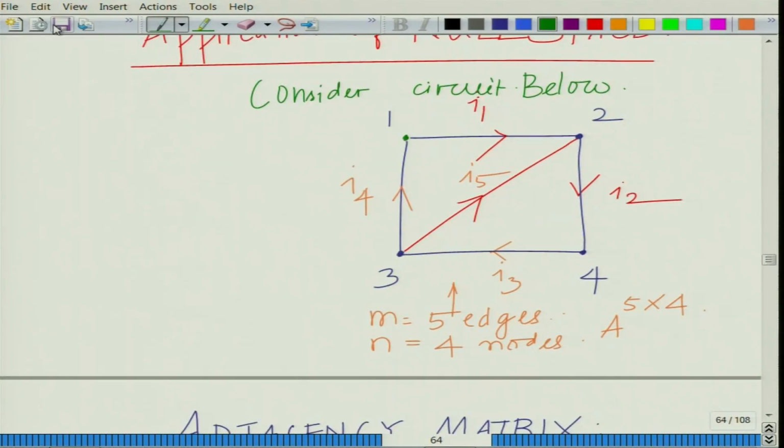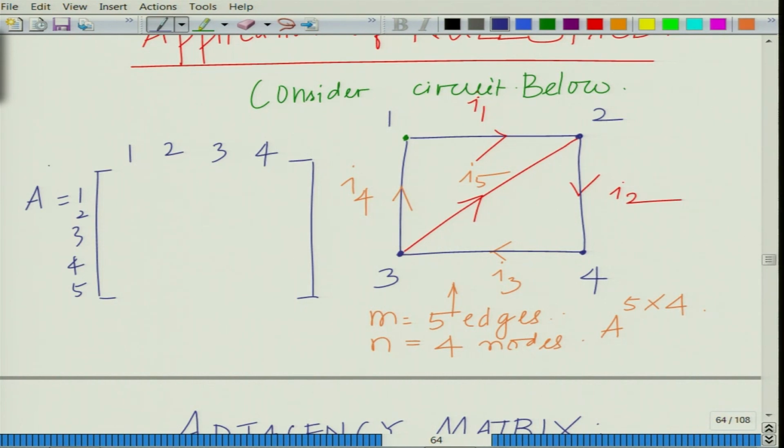Let us construct the adjacency matrix for this circuit, that will illustrate this. Again, let us take a look at this circuit. A equals, we already said this is a 5 cross 4 matrix, 1 row for each current and 1 column for each node.